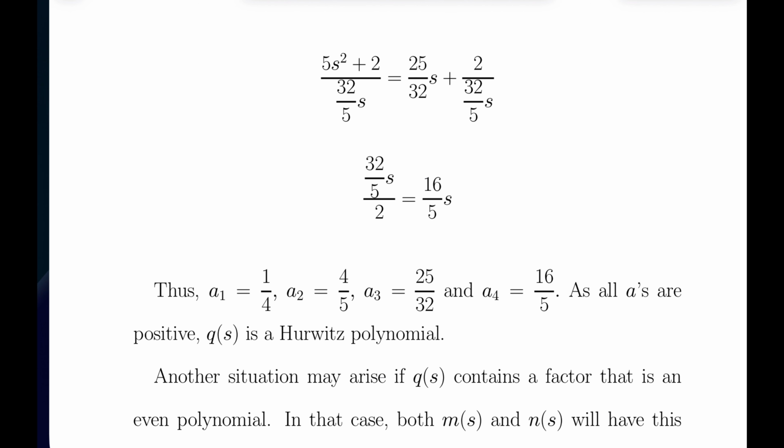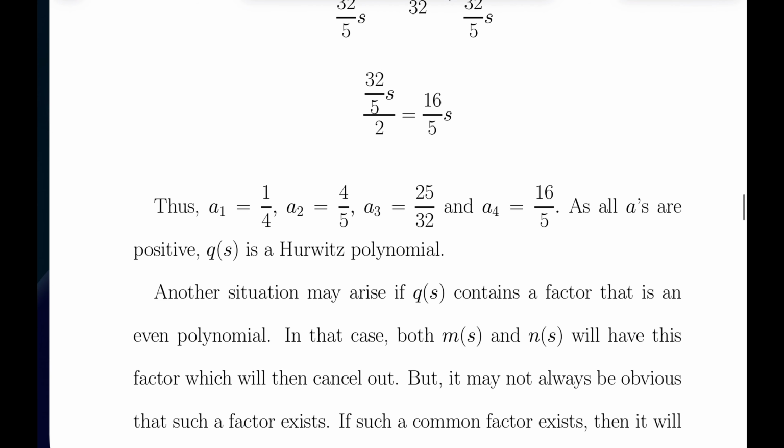This gives us 25 by 32 s plus 2 upon 32 by 5 s. And finally, we divide 32 by 5 s by 2 to get 16 by 5 s. So we find that A1 is 1 by 4, A2 is 4 by 5, A3 equal to 25 by 32, and A4 is 16 by 5. As all the A's are positive, Q(s) is a Hurwitz polynomial.